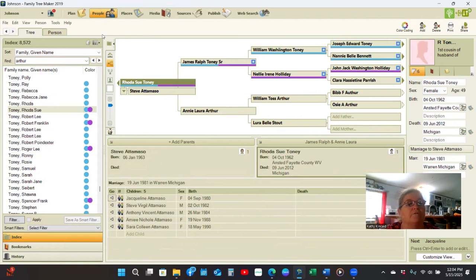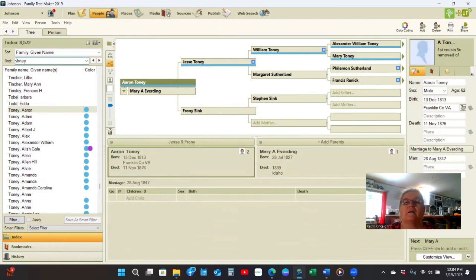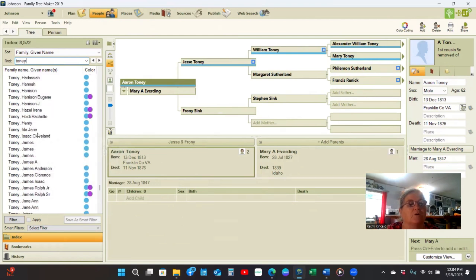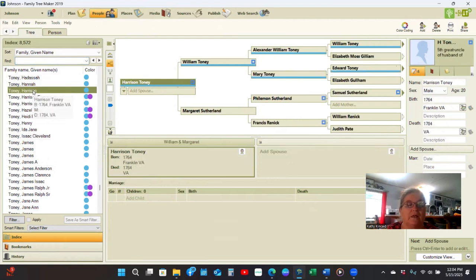And now we're going to look for a Harrison Tony. Not a William Harrison this time, just a Harrison Tony. Boy, if I didn't go by fast. So see, there's several of them. This Harrison Tony, Mary Julia C. Perkins.